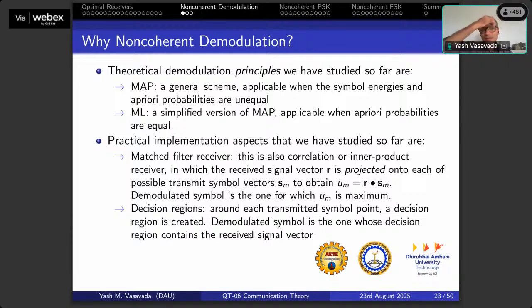There are multiple methods of implementing the ML rule. And then the MAP rule you can do in two stages. You always implement ML because ML is always going to be a part of MAP. So you implement ML, and then you say that, okay, the transmitted symbols are not equally likely, so I add that additional component, which is log base e of P of m.